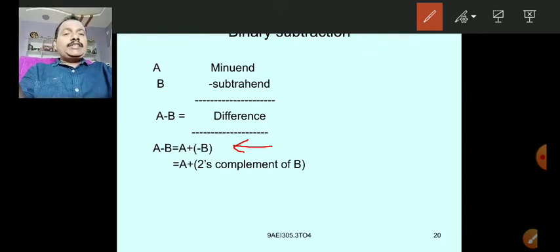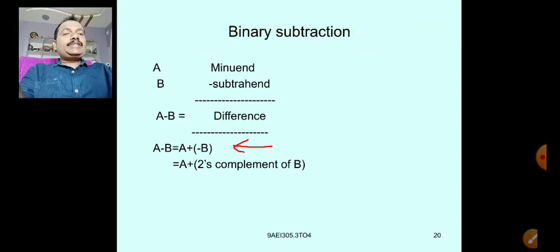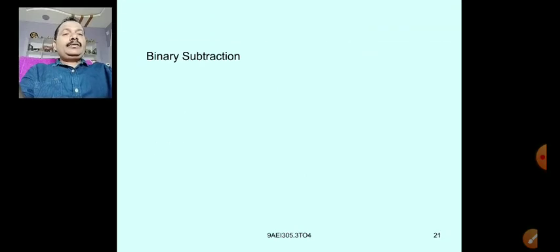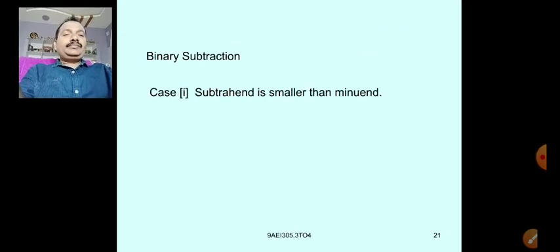So this minus b is the 2's complement of b, isn't it? That means binary subtraction can be done with the help of the 2's complement method.